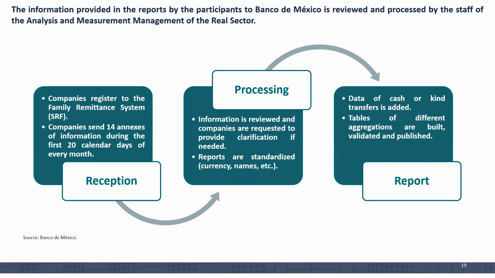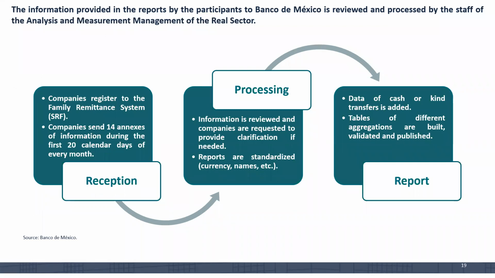The information provided is reviewed by the staff, and in case of finding some inconsistencies, flags, possible outliers or evident errors, each company is required to provide the corresponding information or, if necessary, replace the report. If needed, reports are then standardized to the same currency and format.